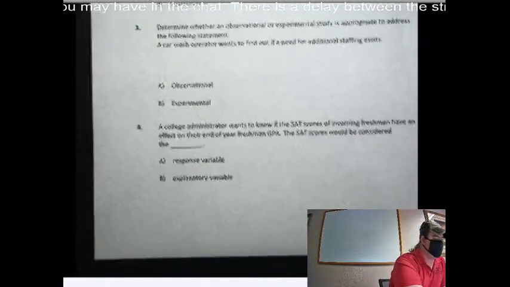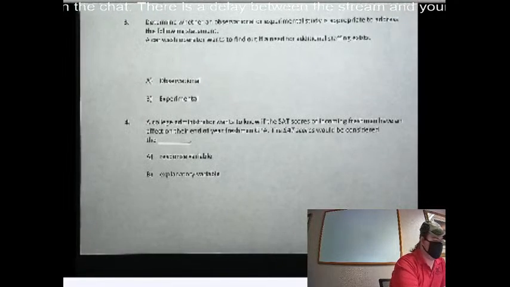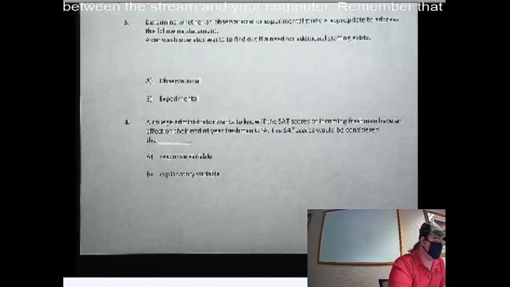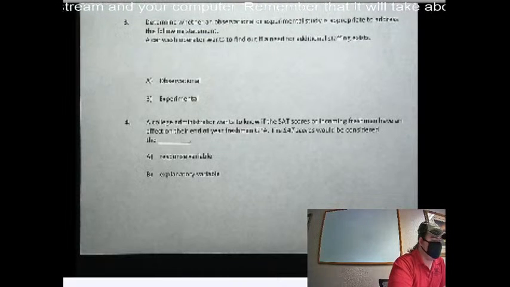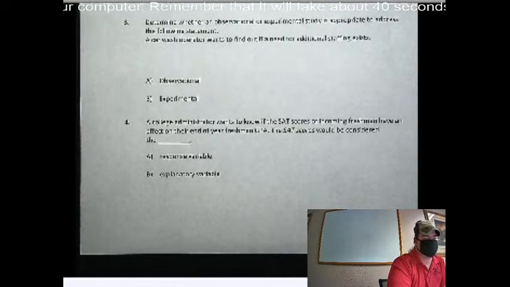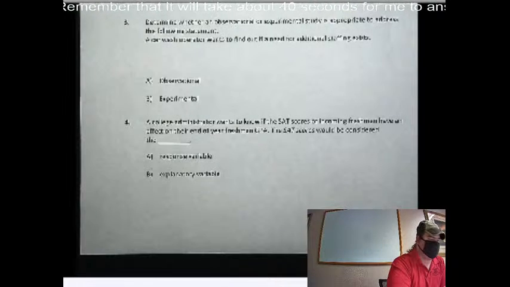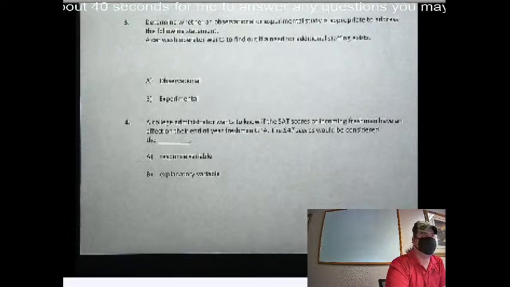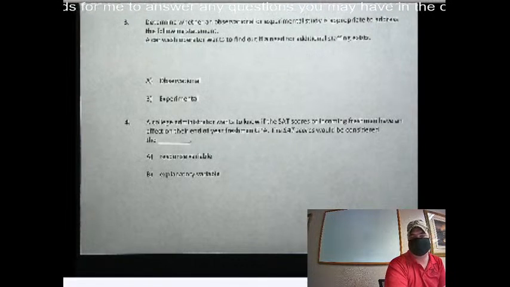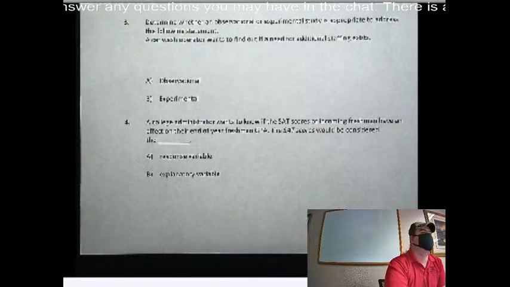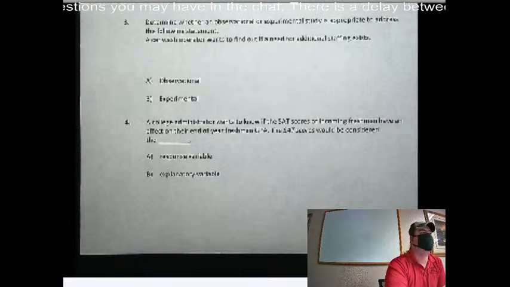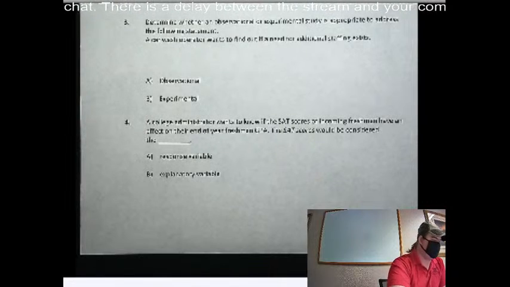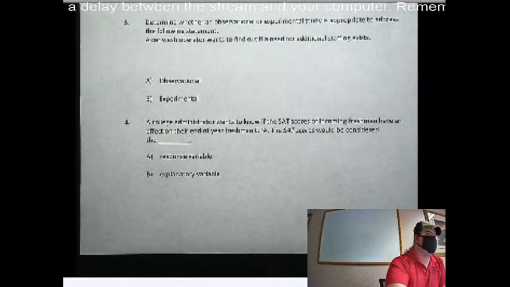Number three. Determine whether an observational or experimental study is appropriate to address the following statement. A car wash operator wants to find out if a need for additional staffing exists. Would this be observational or experimental? What do you think? I'd say experimental, though it could be done observationally.